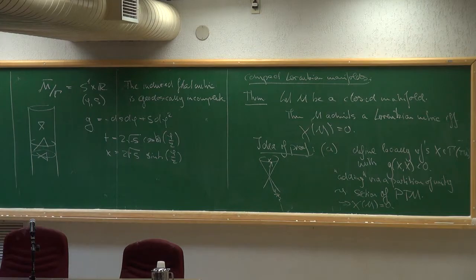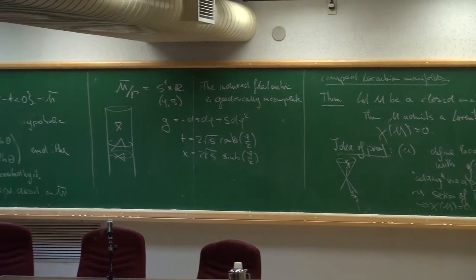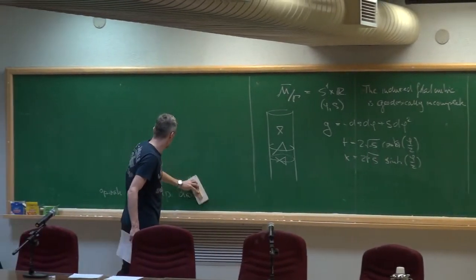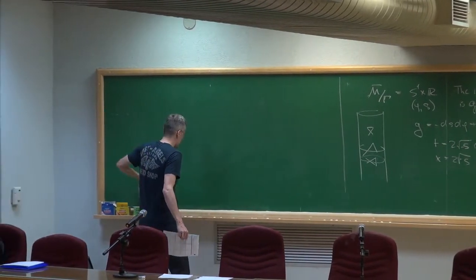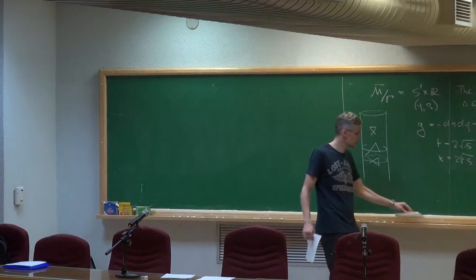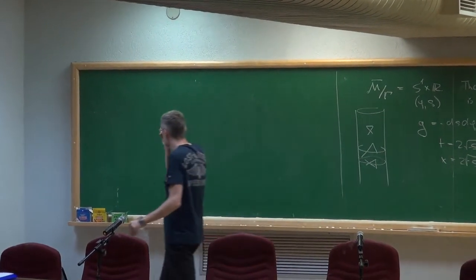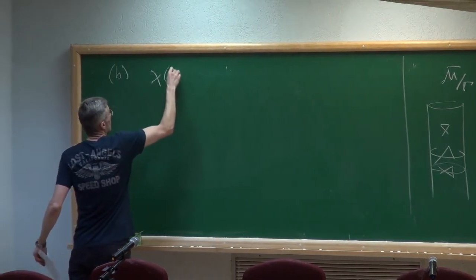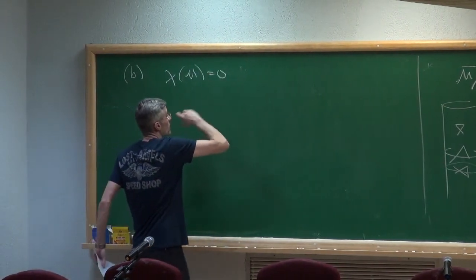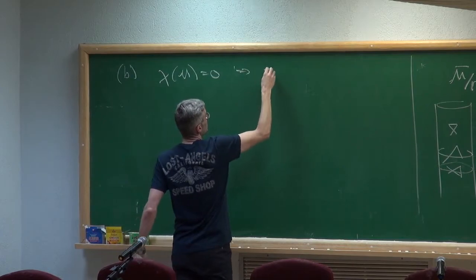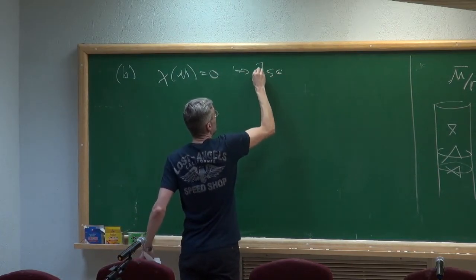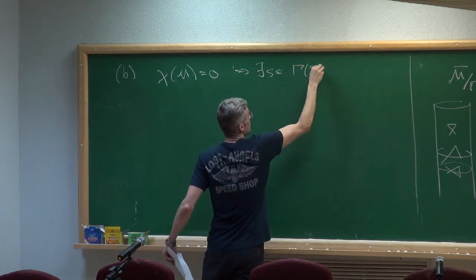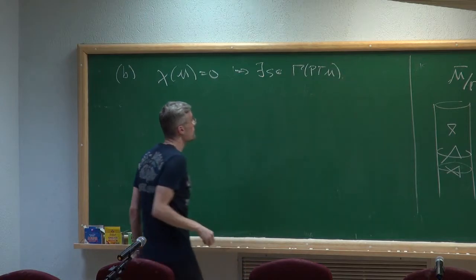Okay, and the other direction basically employs the same strategy. If you know that the Euler characteristic is 0, then you have a section S of the projective tangent bundle.